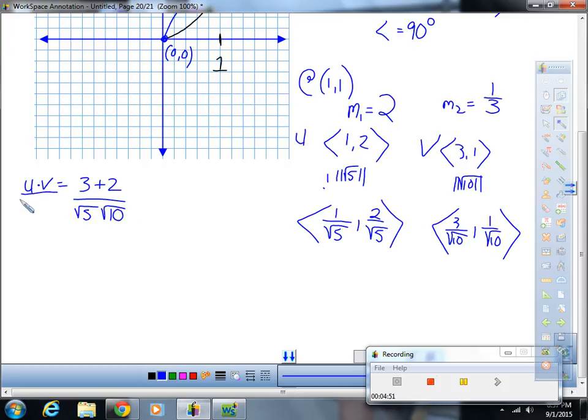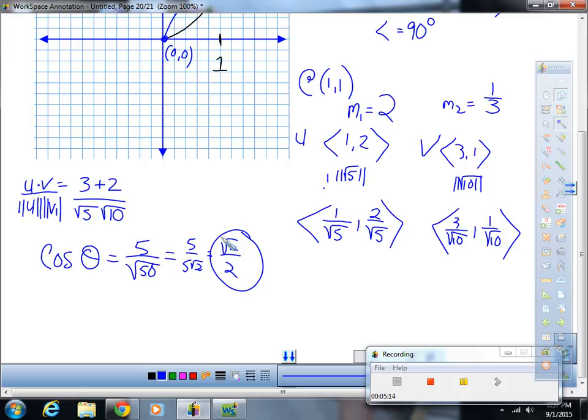So that's u dot v over magnitude of u times magnitude of v. All right, so we know that cosine of theta is equal to 5 over radical 50, which is 5 over 5 radical 2, radical 2 over 2.